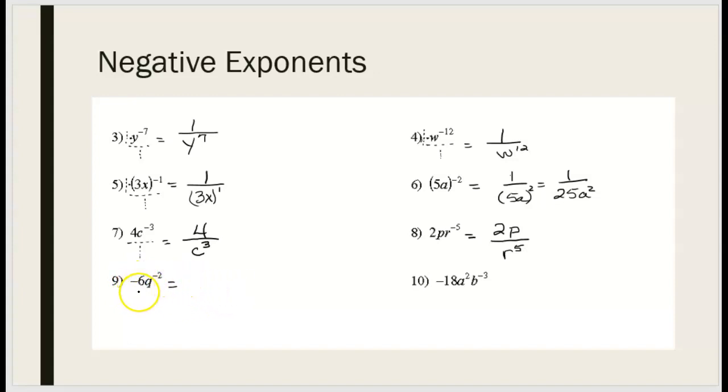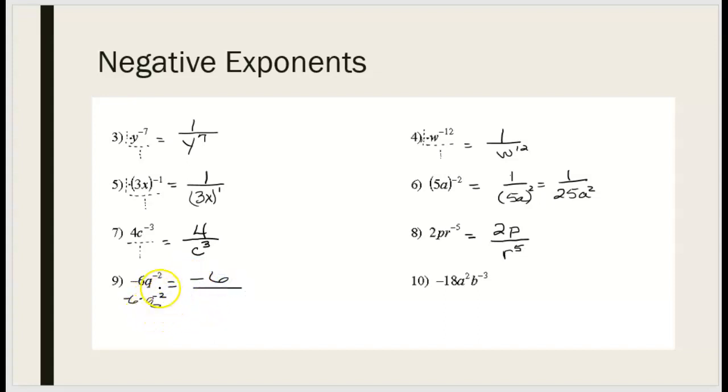Okay, so what this actually is negative 6 times q to the negative second power, okay? Is my negative 6 raised to a negative exponent? It is not, so it is going to stay in the numerator.